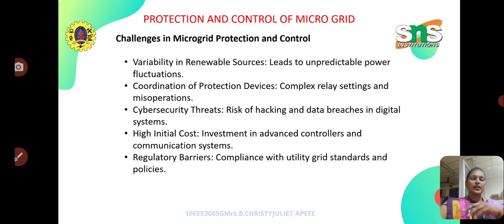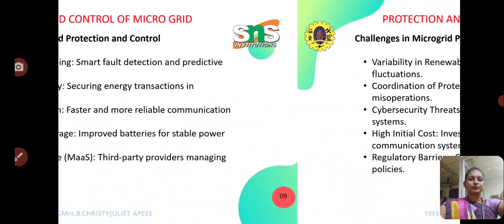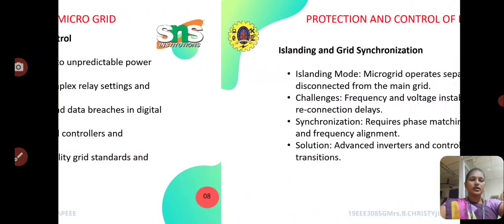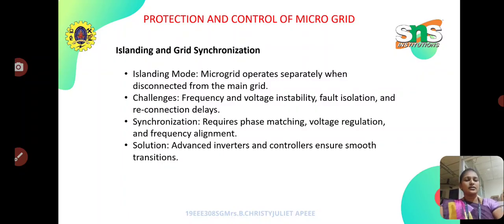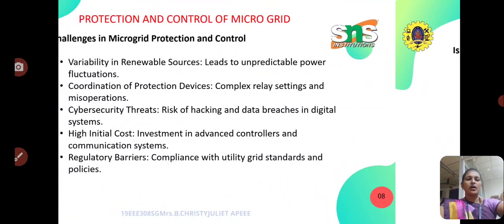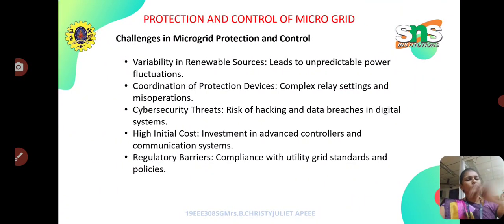And also investment in advanced controllers. As we have seen in the previous slide, in order to provide synchronization, we need advanced controllers and communication systems, for which we need to invest more. And also regulatory barriers.